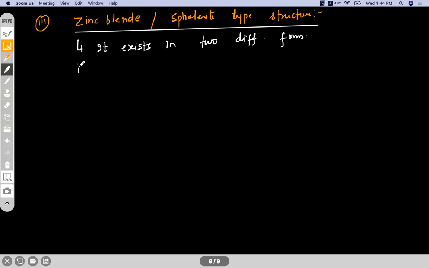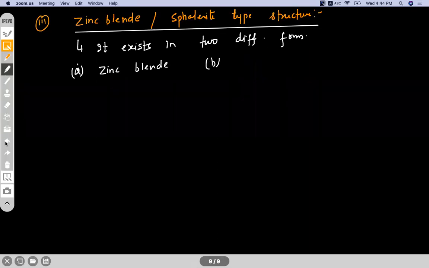The first one is zinc blende, and the second one is wurtzite structure. Write down, first one, zinc blende.